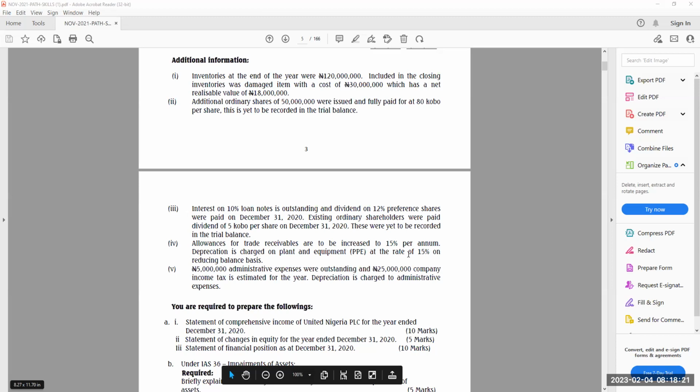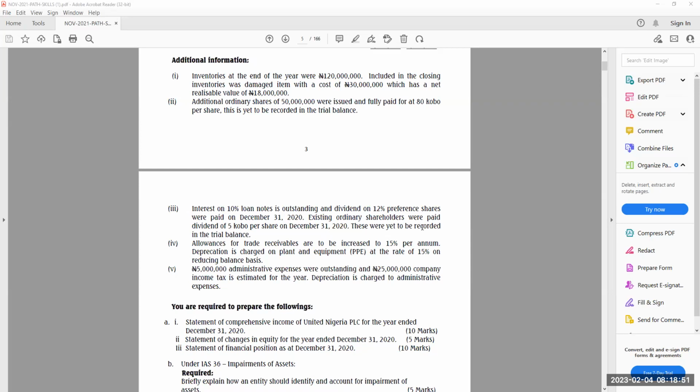Allowance for trade receivables is to be increased to 50% per annum. Depreciation is charged on plant and equipment, PPE, at the rate of 15% on reducing balance basis. 5 million naira administrative expenses were outstanding, and 25 million naira company income tax is estimated for the year. Depreciation is charged to administrative expenses.